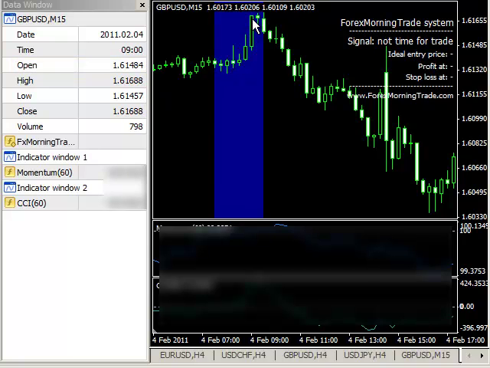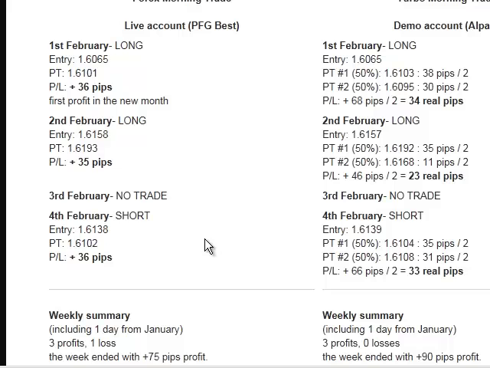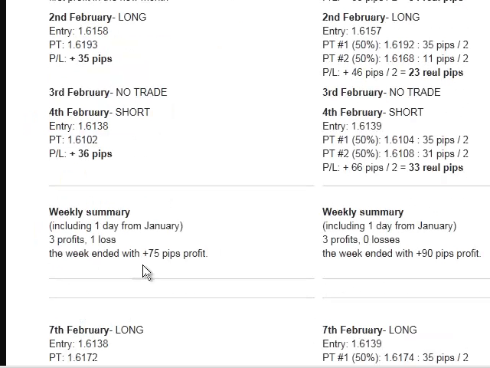It went up here against us, but it didn't hit the 40 pip stop loss, and then it went back down here to our 1.61 profit target right about here. So that was good. And then the week as a total gave us a 75 pip profit.